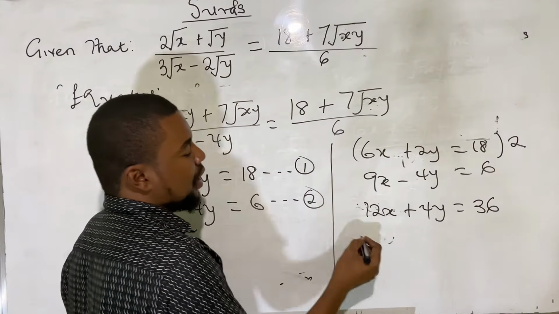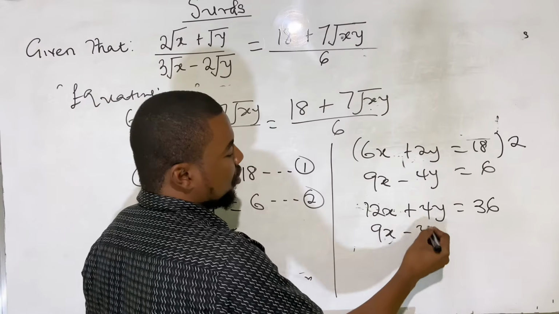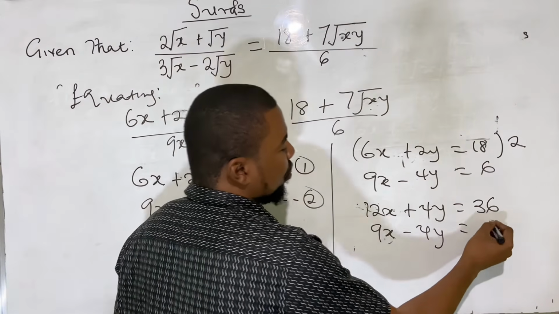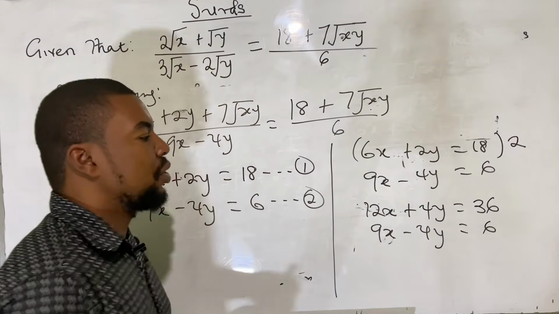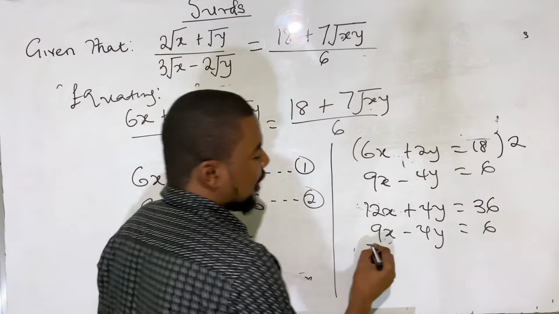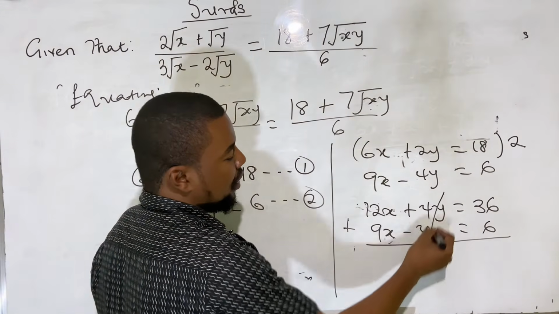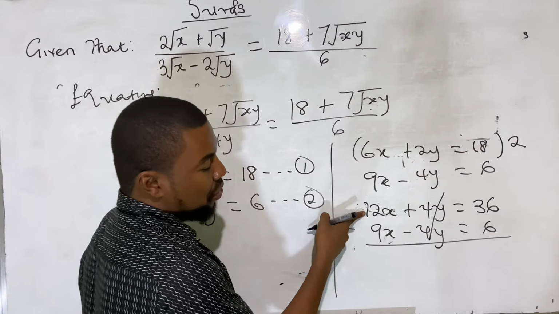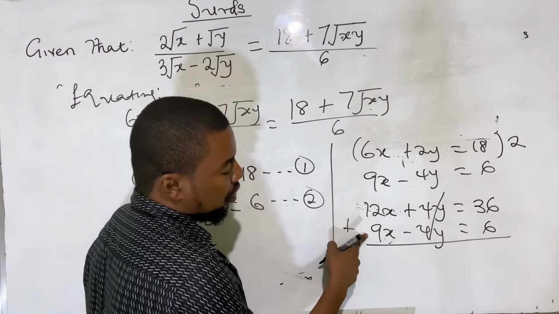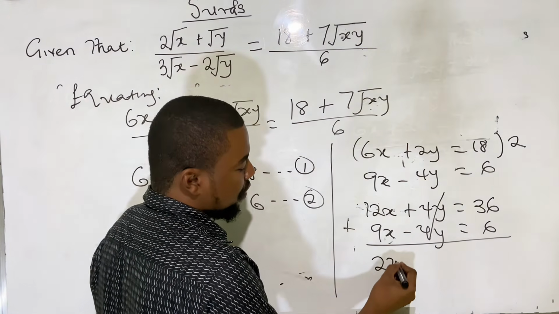And now here we have 9x minus 4y is equal to 6. So what do we do right now? We can just add the equations. You can see 4y minus 4y equals 0. And then we have 12x plus 9x, and that gives us 21x.